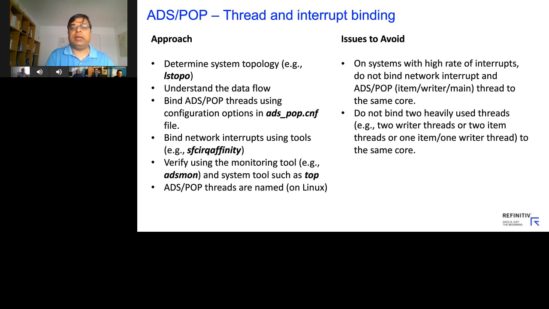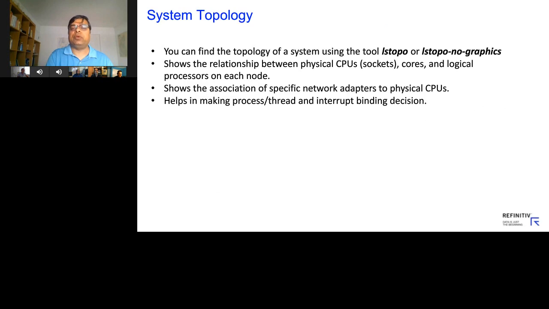All right, so we touched upon that, what not to do kind of a thing when it comes to thread binding. So you can understand the system topology. It shows you the relationship between the cores and where your NIC is with respect to the NUMA node. So a graphical view would be something like this.